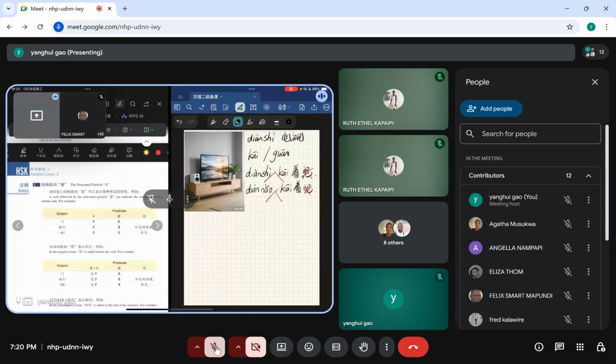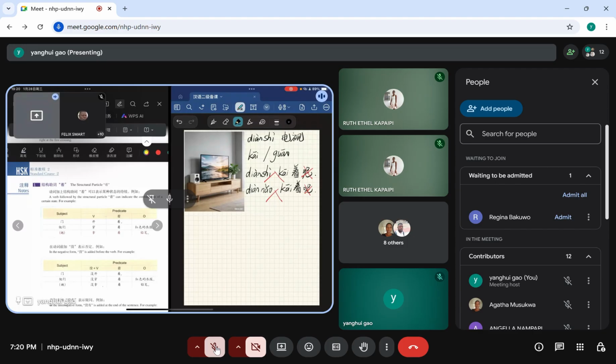And for the TV, turn on the TV, we also use the verb 开. So here we can see the TV is also in an on state, right? So we say 电视开着呢, TV is on. The same goes for a computer.